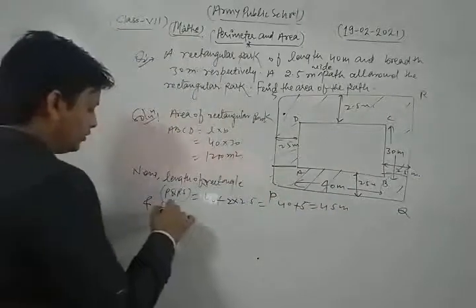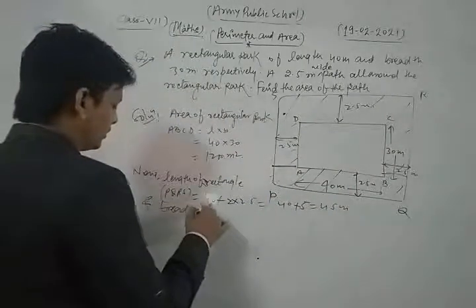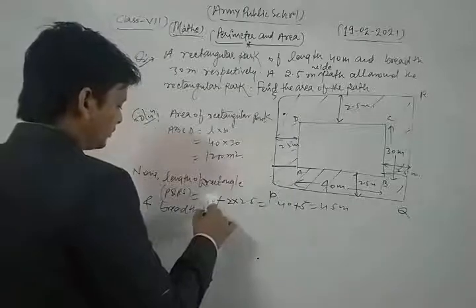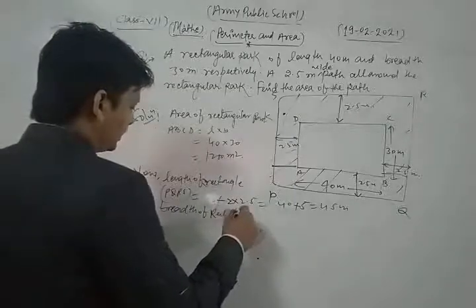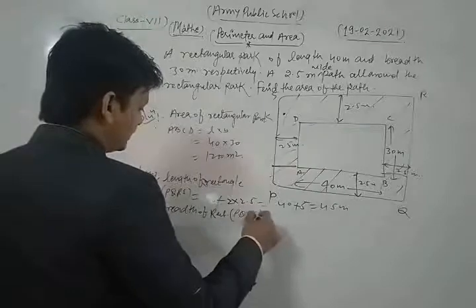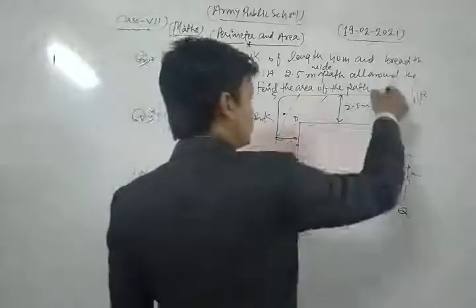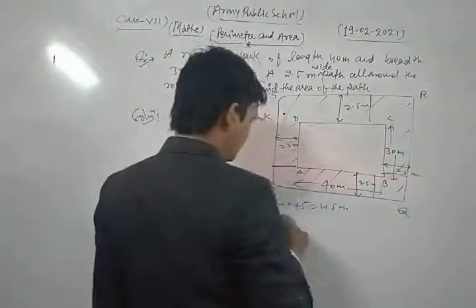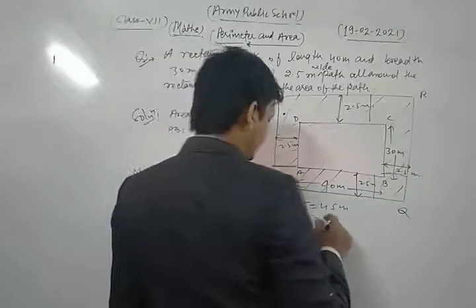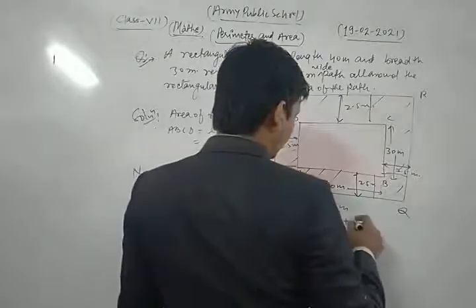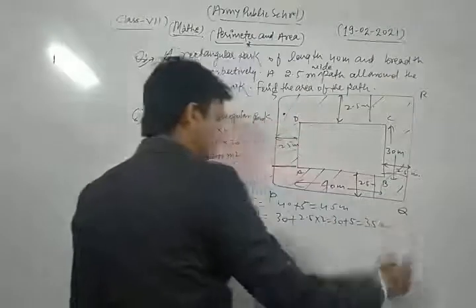And breadth of rectangle PQRS, same applies here. This is 30 plus 2.5 into 2, that is 30 plus 5, that is 35 meter.